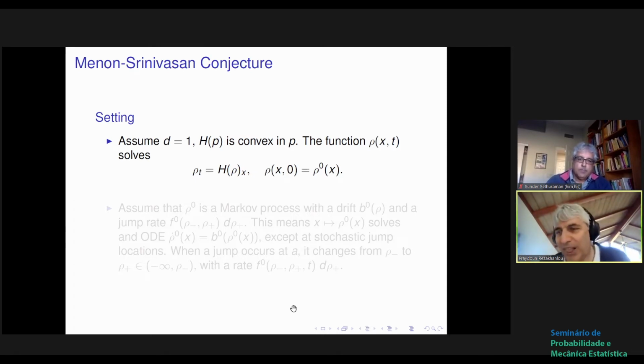So you know that theory, that explicit formula. Now I want to discuss another interesting development. There is this conjecture of Menon and Srinivasan, and the motivation comes from two works. One of them is this work of Groeneboom, and the other is this work of Bertoin, which says that in the case of Burgers' equation, even if you start from Lévy initial data, not white noise, then at a later time you're going to have a Lévy process.